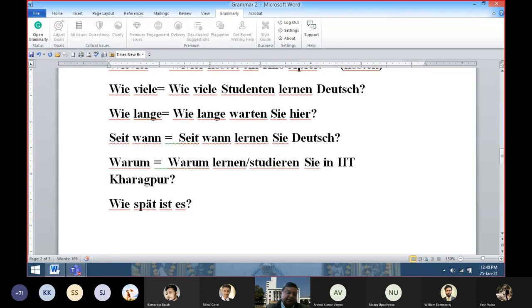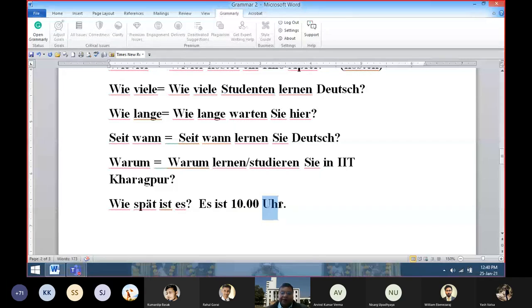And then one can say, es ist zehn Uhr. Zehn means 10. And what is the meaning of Uhr? Suppose the time is 10 o'clock, then you will say zehn Uhr. It is 10 o'clock or 10 hour.